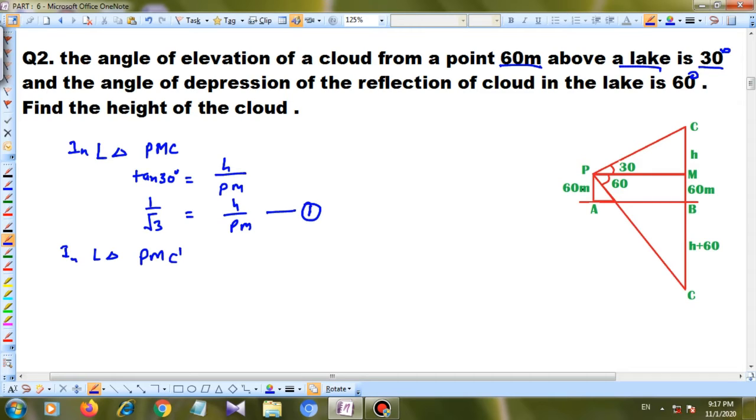And in right angle triangle PMC dash, suppose this is C dash and this is the lake, means water. So C dash point is the image of the cloud in the lake.